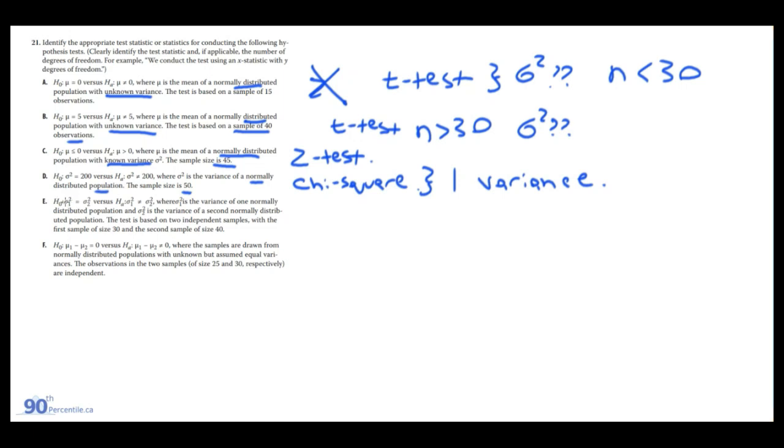So for E, the null is that the two variances are equal. So variance of population 1 and variance of population 2 are equal, and the alternative is that they're not equal. Don't even have to read the rest of this question. Whenever you're testing the equality of two population variances, it's the F test.